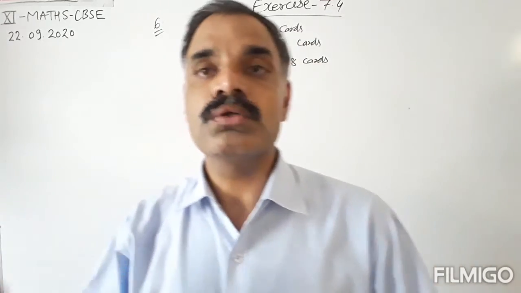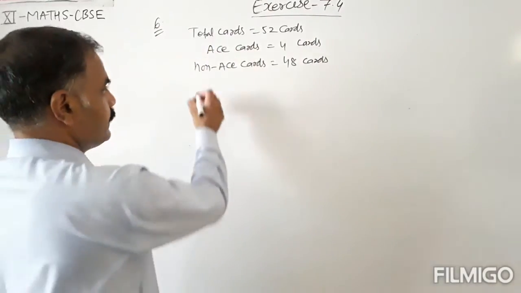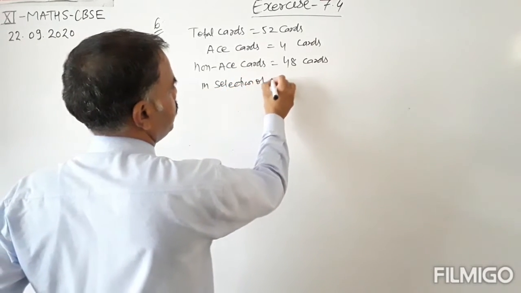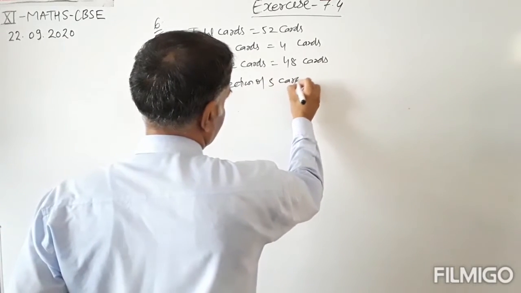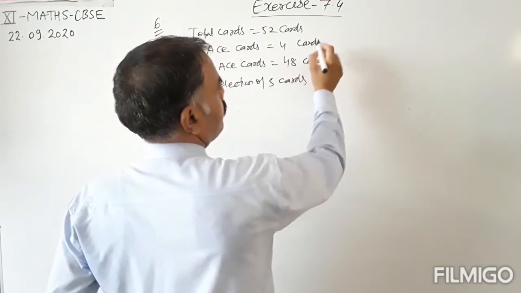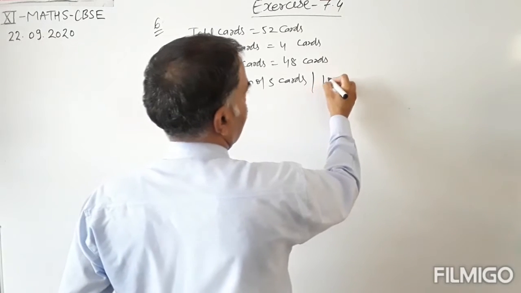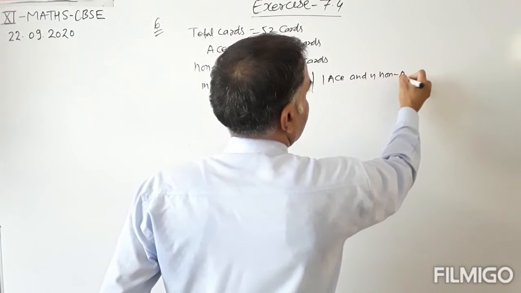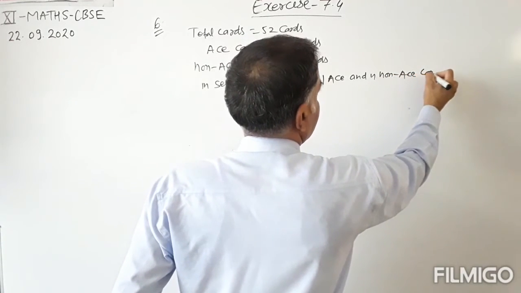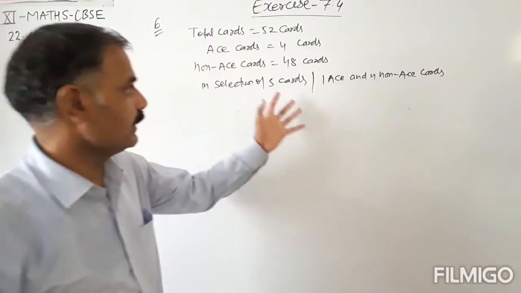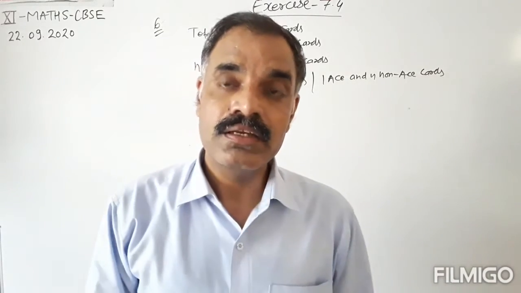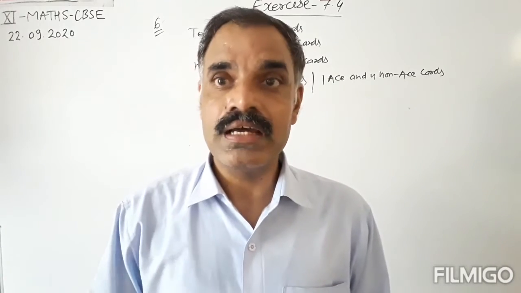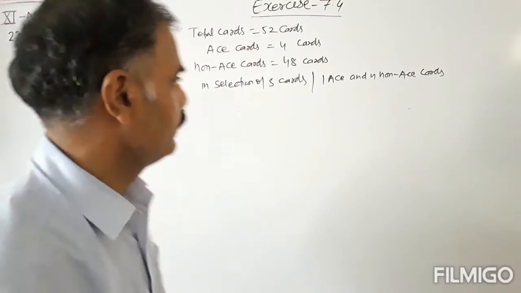Now we have to select a total of 5 cards, in which 4 cards are non-ace cards and 1 card is an ace.